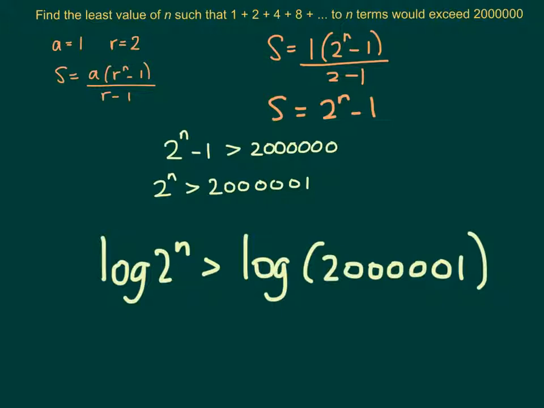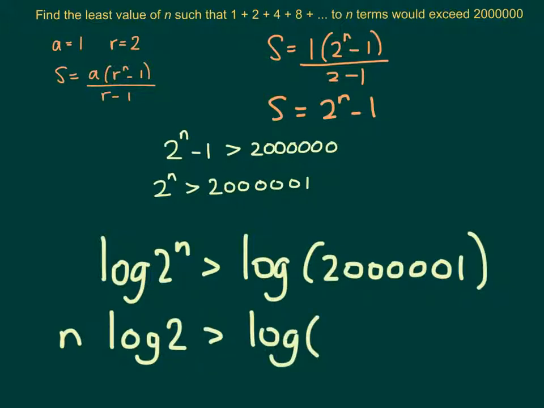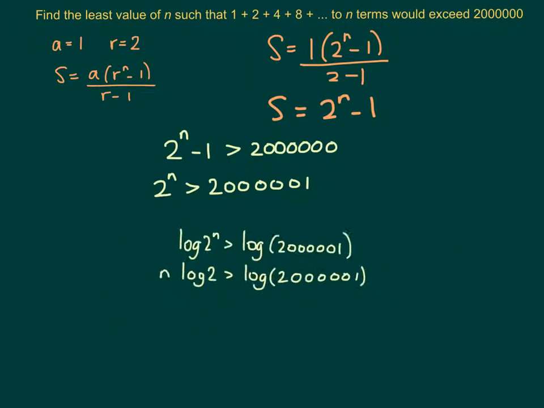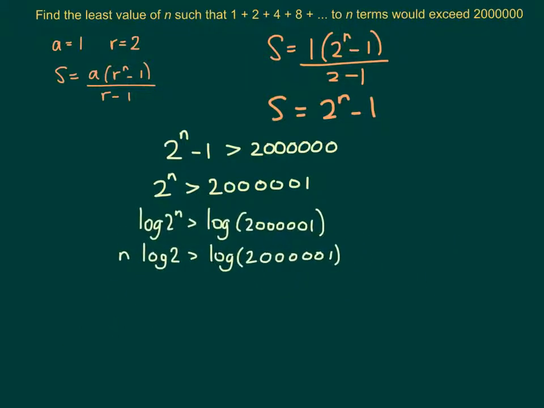We can bring the n out of the log, so we've got n log 2 is greater than log of 2 million and 1. I keep forgetting to say that number 1, don't I?